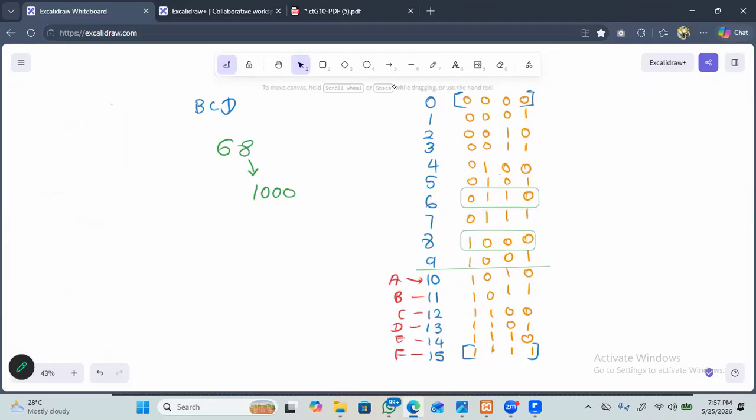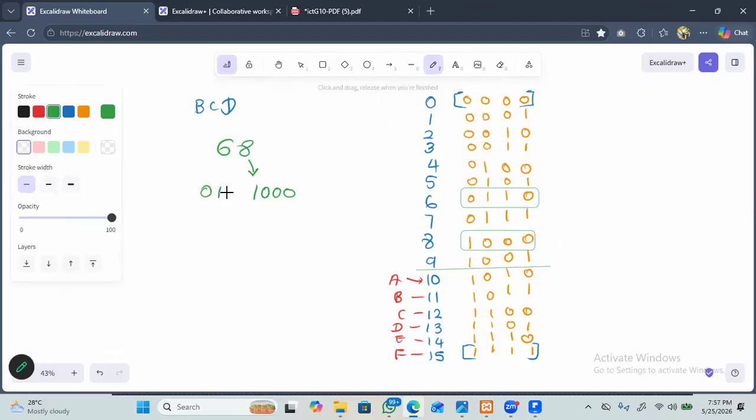This is 0, 1, 1, 0. Your base should be BCD. This is your answer. If you understood this, try to find the BCD for these numbers in base 10. 27.